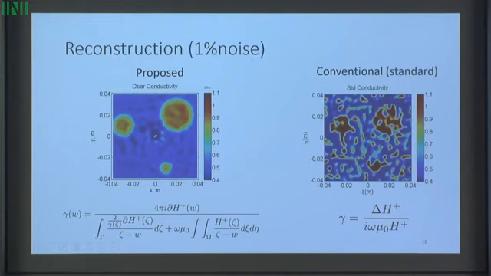And if we add 1% Gaussian noise to the magnetic field, which is a usual SN ratio in a practical device, even with such noisy data, our proposed method can reconstruct well. In contrast, the conventional method's result is disastrous, and a small domain cannot be distinguished from the artifact. It's because in the conventional method, we have to compute the Laplacian of H plus, a second derivative, so it's very sensitive to noise.